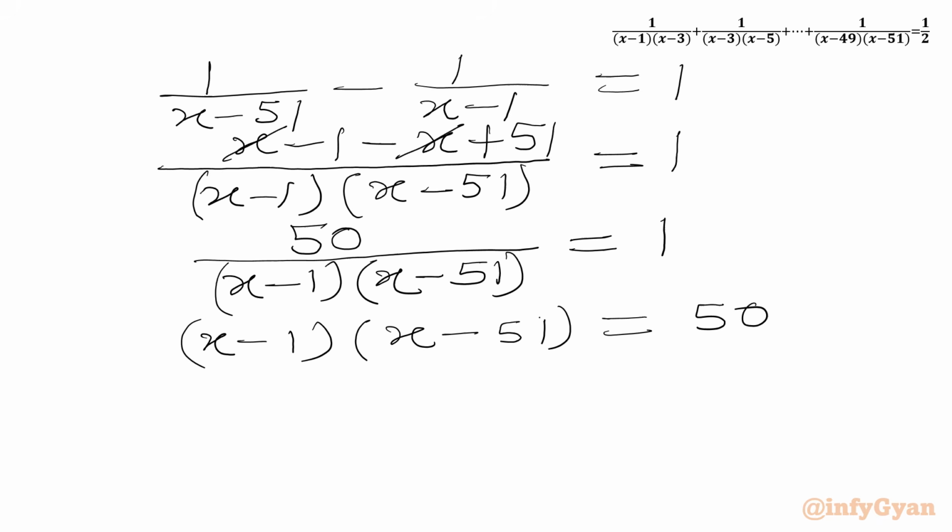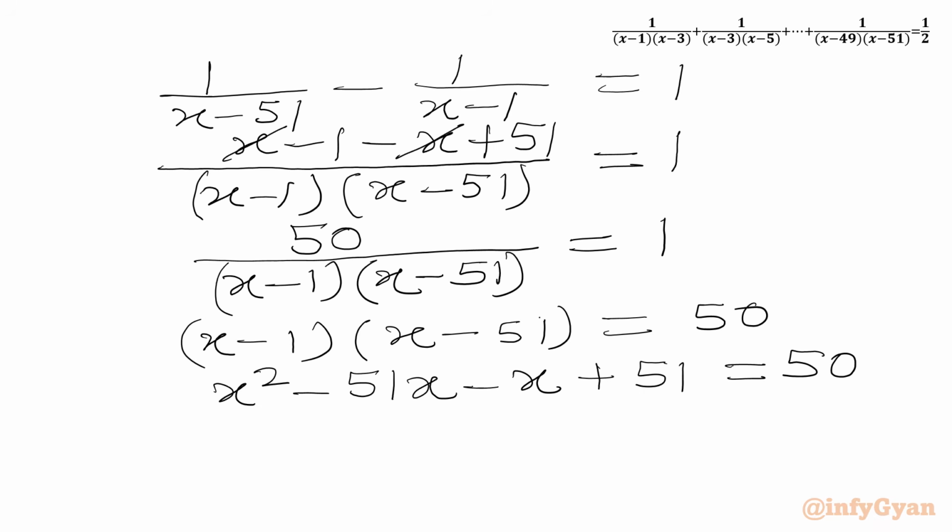Let's expand our LHS. x times x is x square. x times minus 51, so minus 51x, minus 1 times x, minus 1 times minus 51, plus 51, will be equal to 50. Or we can write here x square minus 52x plus 1 equal to 0.